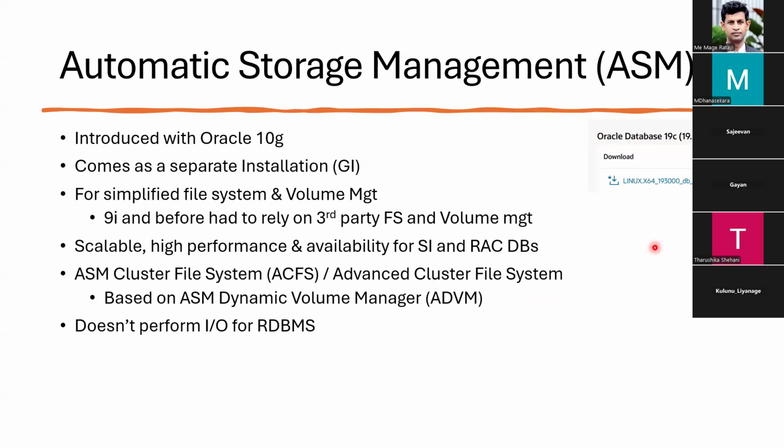The introduction of ACFS brought some additional features as well, such as snapshotting. If you want a point in time copy of a file in ACFS, it can be done with a single command through ACFS capabilities. So those are some of the additions you may see when ACFS is being used.